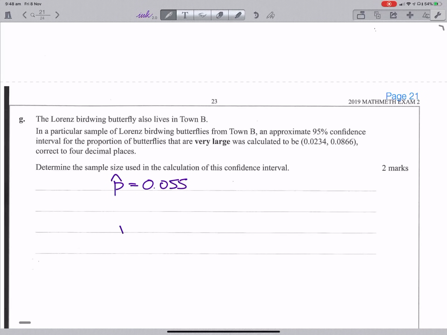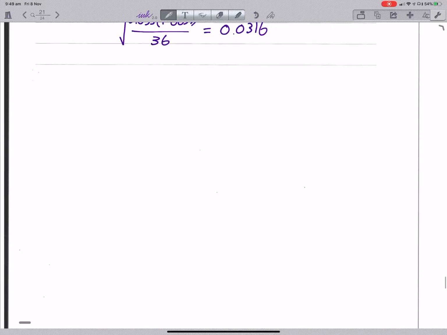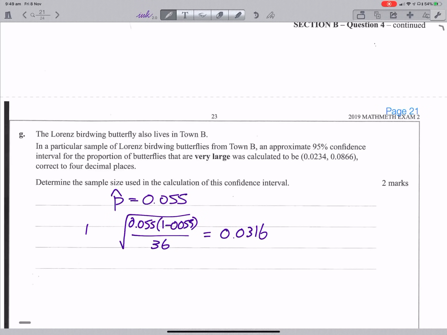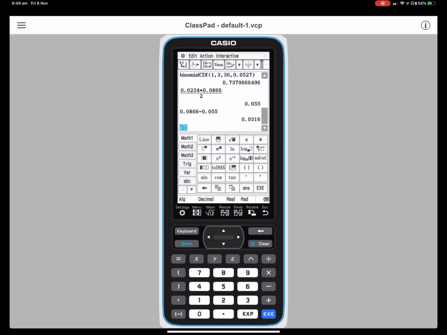So the square root of 0.055 times 1 minus 0.055 over 36 is equal to 0.0316. Was that right? Okay, so that's 1.96 times it. So that's our 1.5.